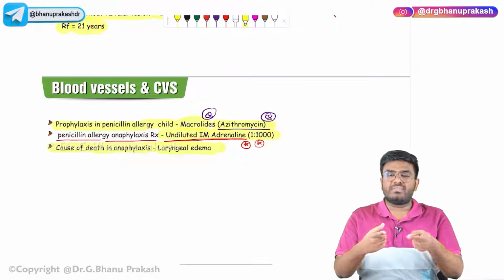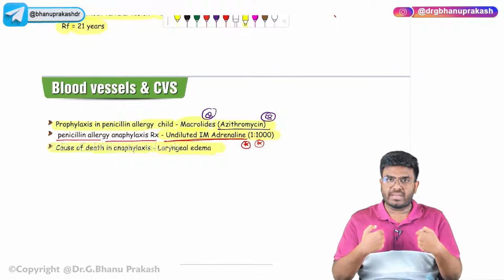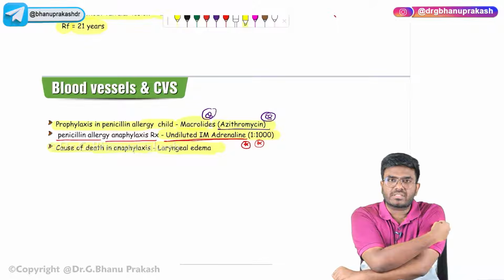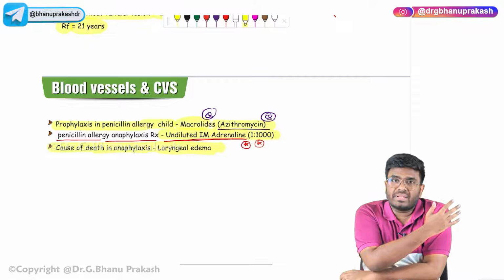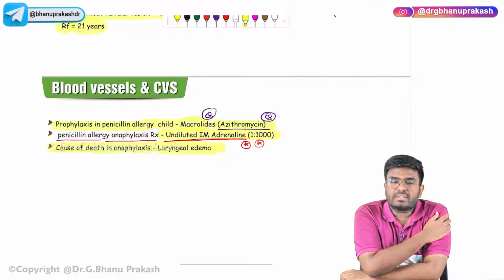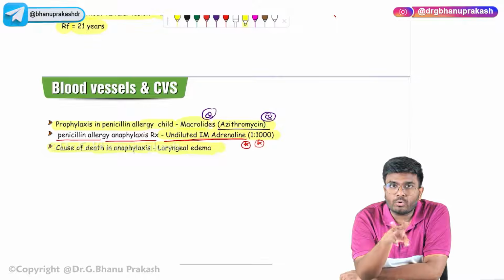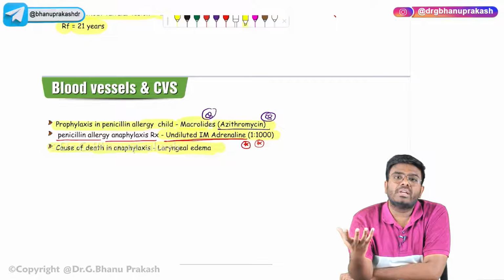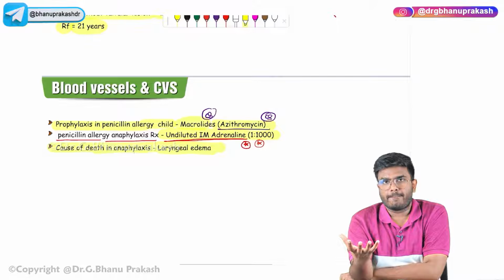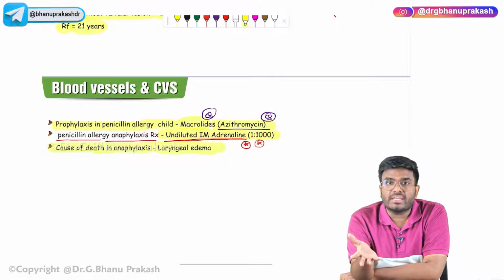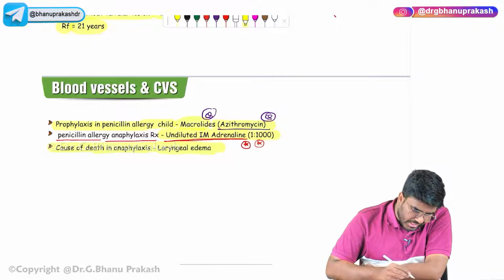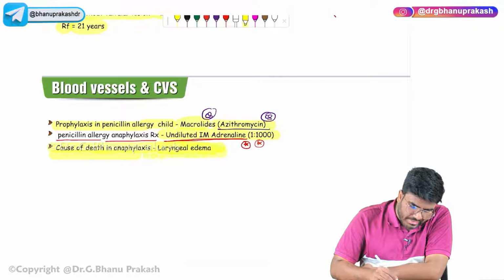Without knowing that the patient has penicillin allergy, if you inject intramuscular benzathine penicillin, penicillin allergy will occur and that can lead to anaphylaxis. So how to stop this allergic reaction? Undiluted intramuscular adrenaline should be given. Otherwise, if you don't give it, the patient will die of laryngeal edema. So the cause of death in anaphylaxis is laryngeal edema.